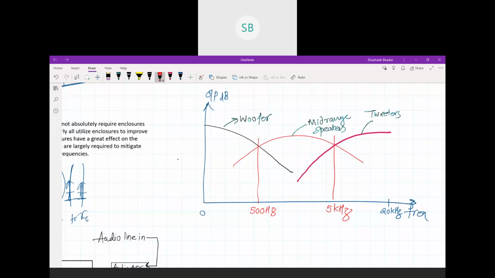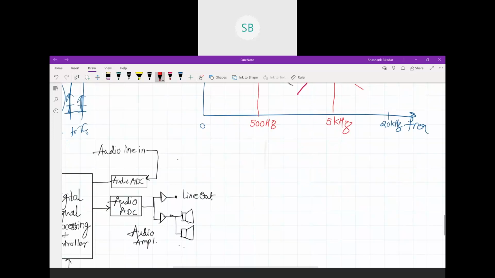How do we place these three components in the multi-speaker system? The woofer is generally placed at the lowest position, mid-range speakers at the center position, and tweeters at the top.